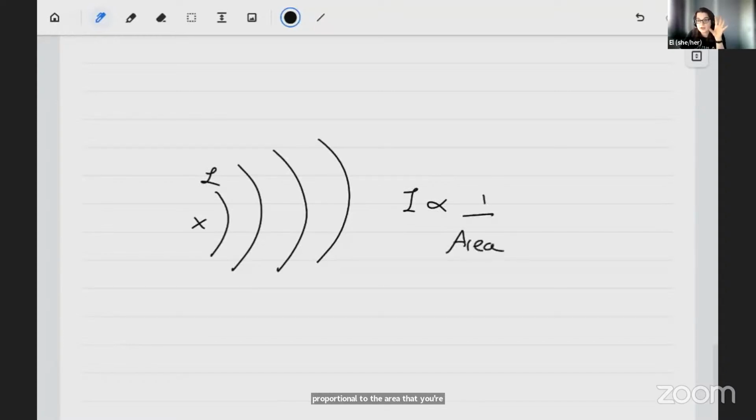So there's going to be some fixed amount of power, some fixed amount of energy that is going to be spread out over some area, and as the area increases, the intensity at each little point on that sphere is going to decrease. So it's going to be inversely proportional to the area, and we know that area is proportional to r squared. So as the sphere gets bigger, there's going to be less energy concentrated at each point because it's being spread over a larger surface area.